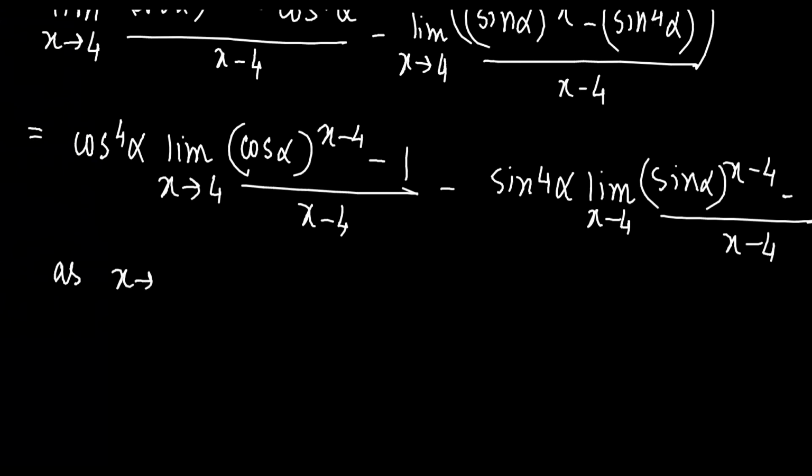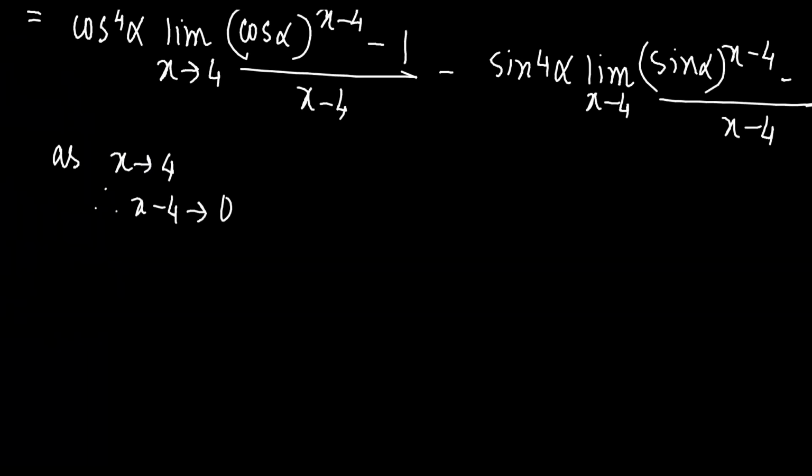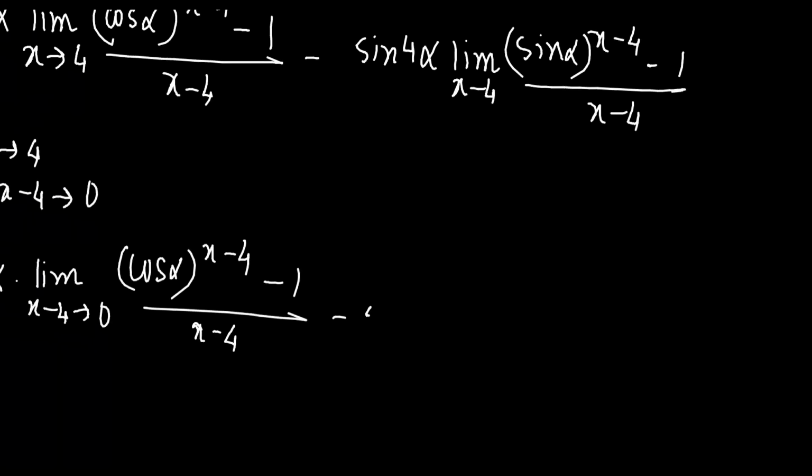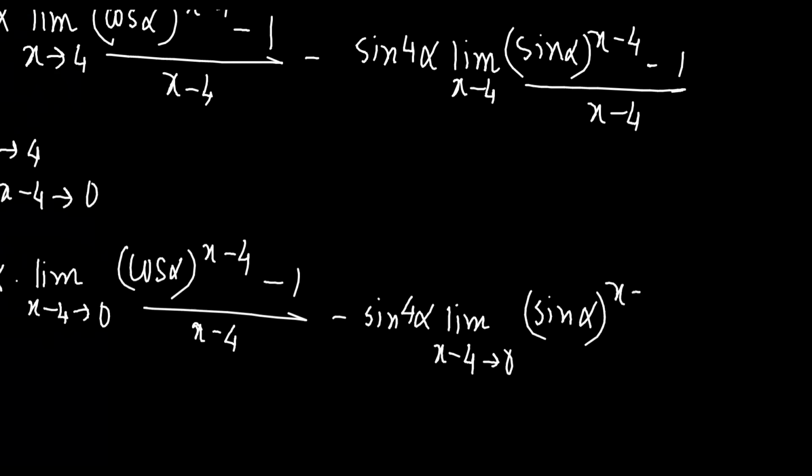As x is tending towards 4, therefore x minus 4 is tending towards 0. So we can write cos 4 alpha into limit x minus 4 tending to 0, (cos alpha to the power x minus 4 minus 1) by x minus 4, minus sin 4 alpha, limit x minus 4 tending towards 0, (sin alpha to the power x minus 4 minus 1) by x minus 4.